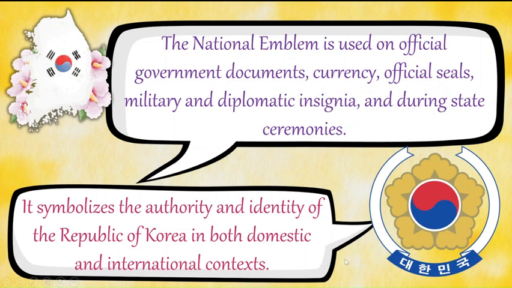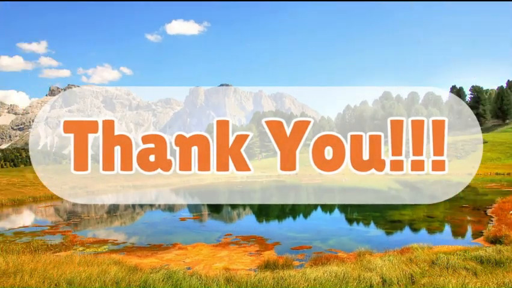So it holds a significant position in South Korea, and it is used as a powerful national identity of the Republic of Korea, 대한민국. Okay? Alright, so in this video we learned about the national emblem of South Korea in detail.